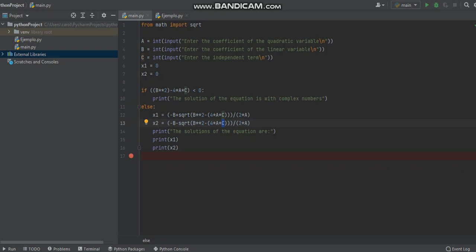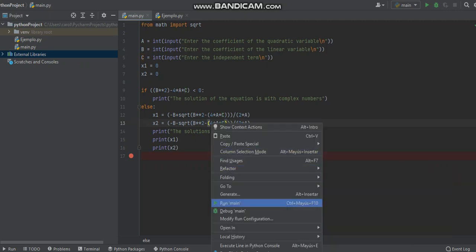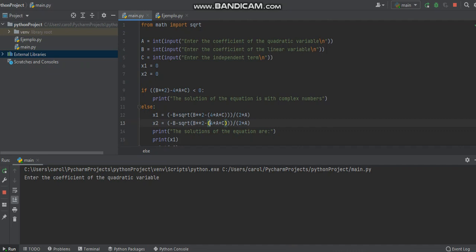I'm going to run this. It tells me the following. Enter the coefficient of the quadratic variable. We are going to place number 10. Enter the coefficient of the linear variable. We are going to enter 2.